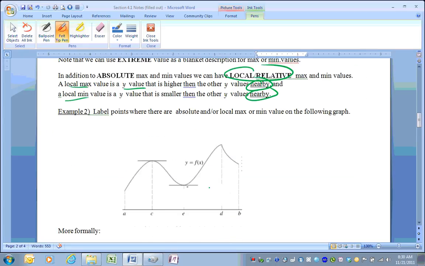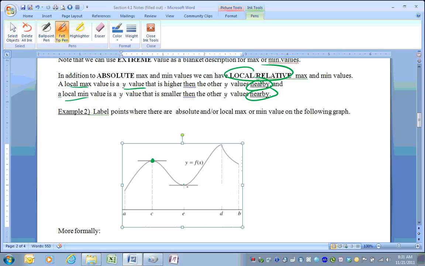All right. So in this case, we're going to label the points as absolute or local max or min. So it's actually, because your domain's from A to B, that's going to be our domain.